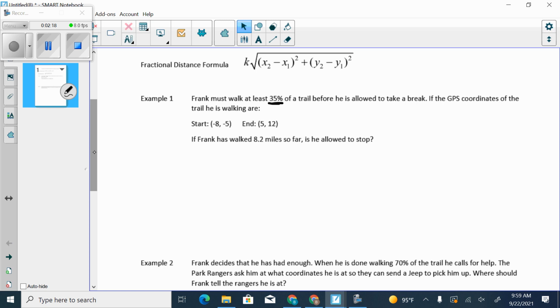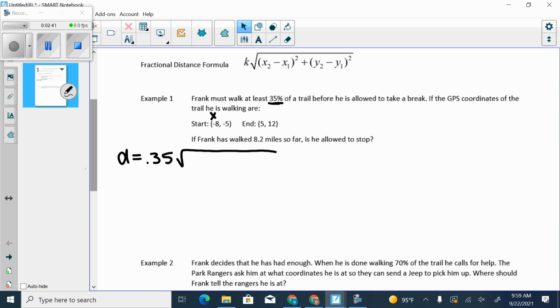Okay, so our distance should be equal to k. What's our k? 0.35. Right. 35% as a decimal is 0.35. Very good. Times the square root of x2 minus x1, y2 minus y1. Well, they gave us coordinate points to plug in, right?